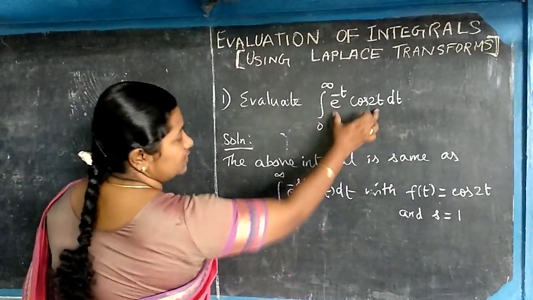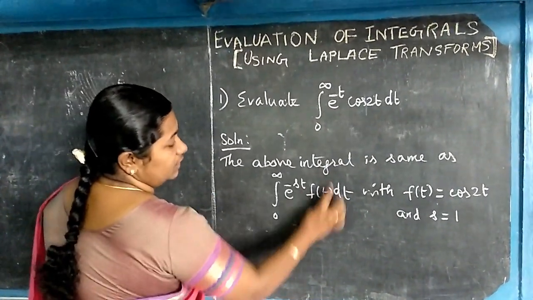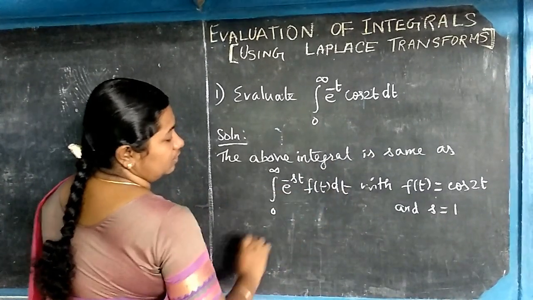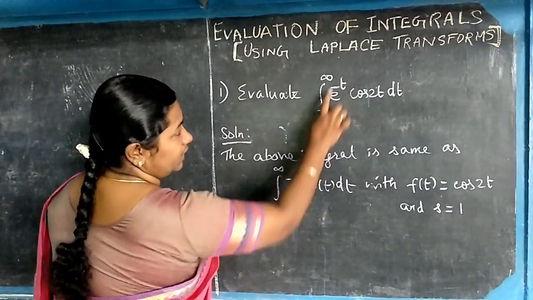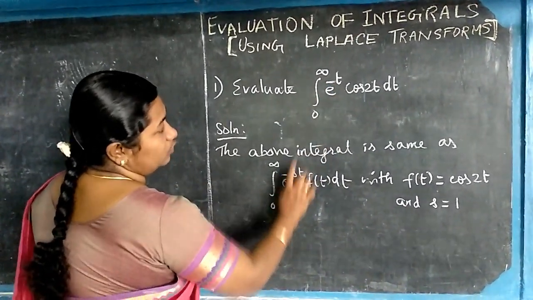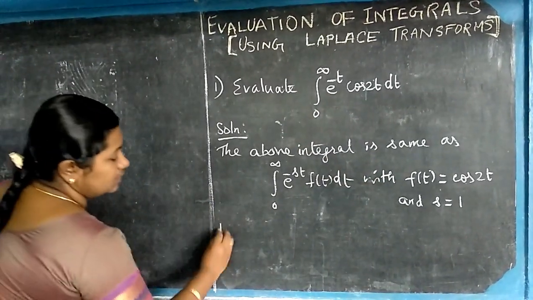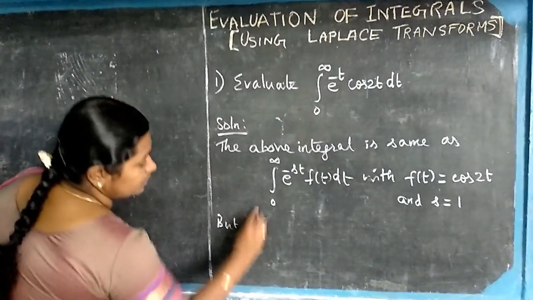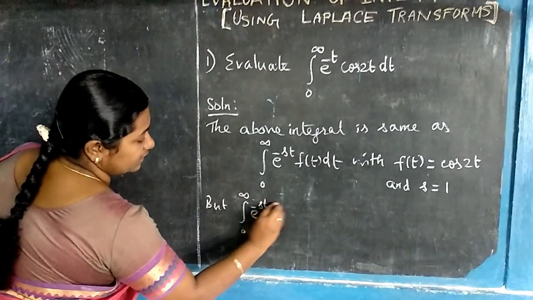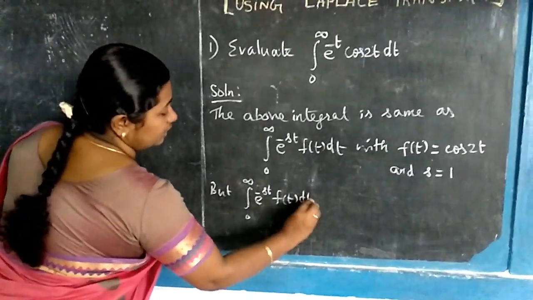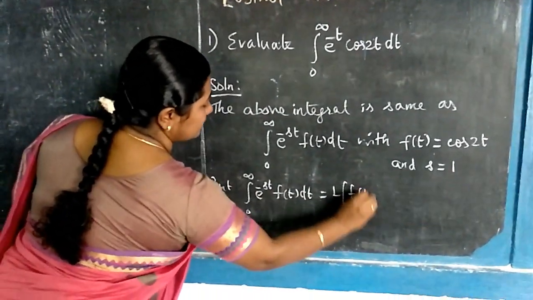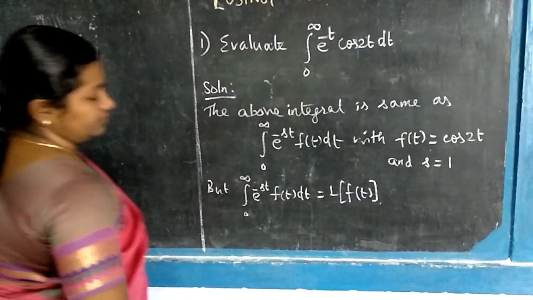By comparing these two integrals, we see f of t is cos 2t and the coefficient of t in e power minus t is the s value, which is 1. But the integral from 0 to infinity of e power minus st f of t dt is the definition of the Laplace transform of f of t.